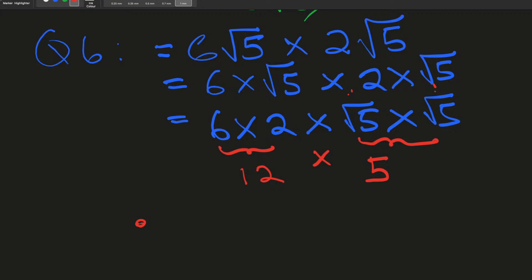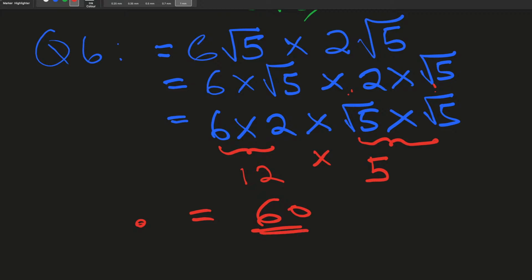But you don't need to do that. You know that the root, if it's multiplied by itself, is the same as the value. So now 12 times 5, 2 times 5 is 10, carry 1, and our answer will be what? 60.